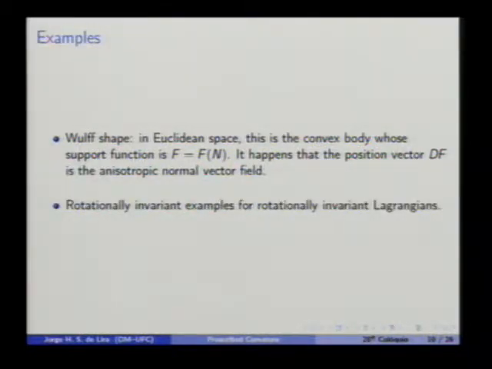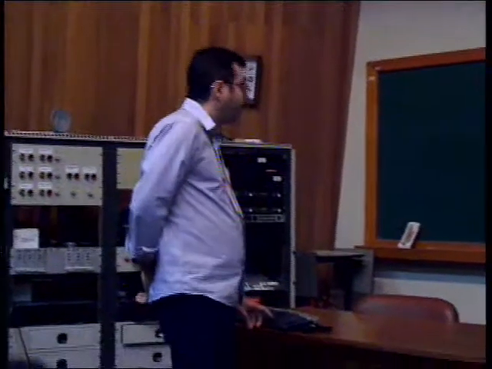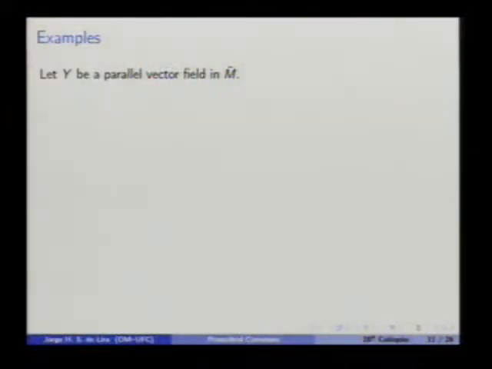Another trivial example are the rotational hypersurfaces generated by symmetric invariant Lagrangians. In this second case, you consider a parallel vector field y in M bar. For example, this could be the case of product spaces, R^n included.